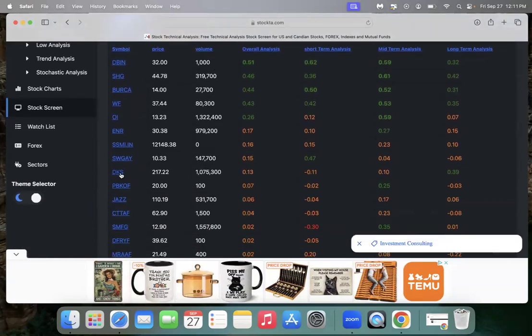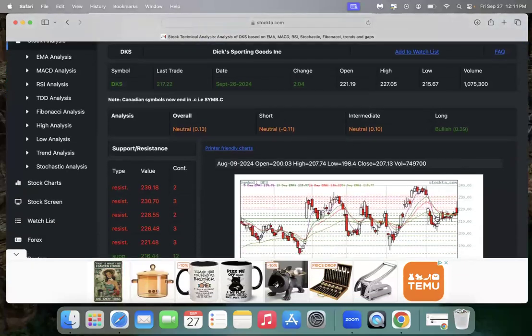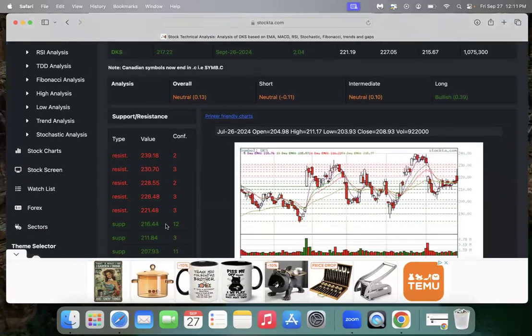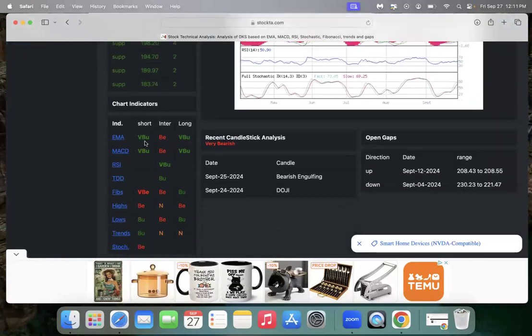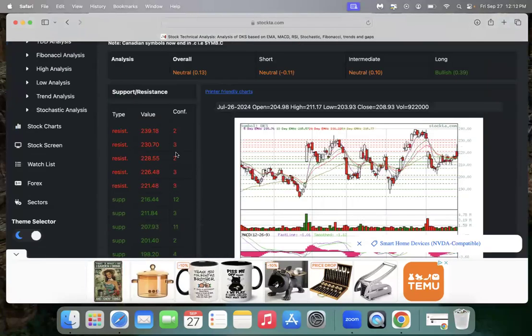So DKS, Dick's Sporting Goods, looks like it bottomed a little over 200 and has gone on a little run. It has medium level support at 216, and some slight resistance ahead. But you can see the EMA, MACD, RSI. RSI is only a little under 51. MACD looks like it just crossed over.